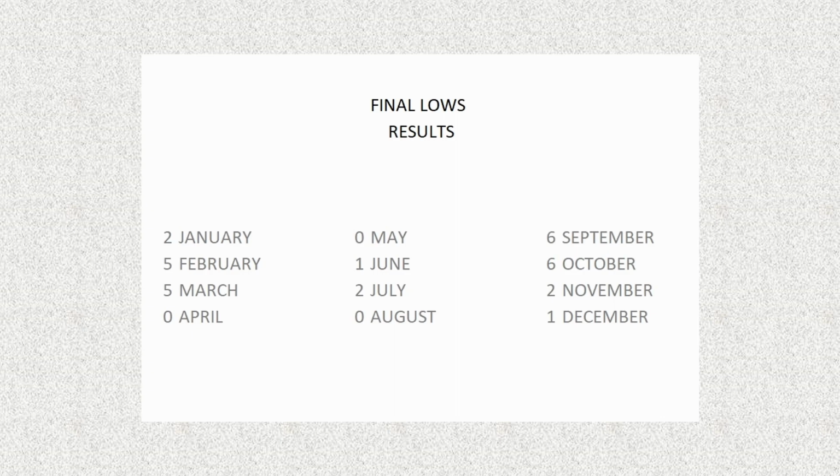As you can see, April, May, and June, hardly anything happening. February and March are both high in number. And September, October are high in number.